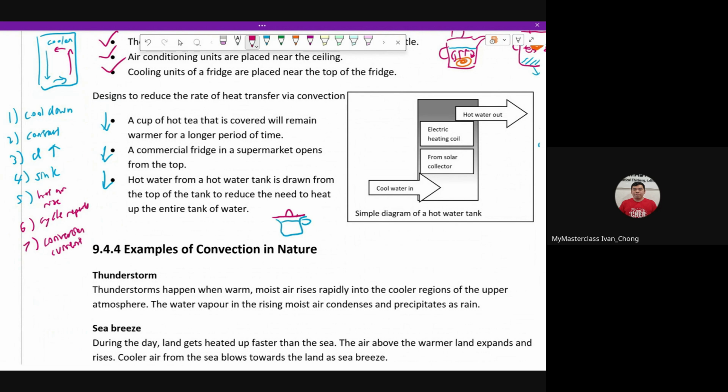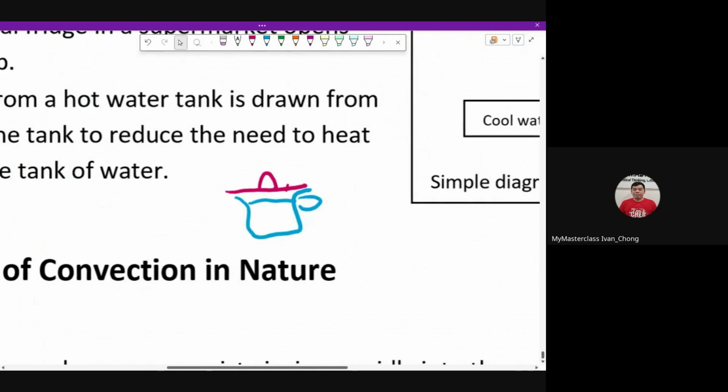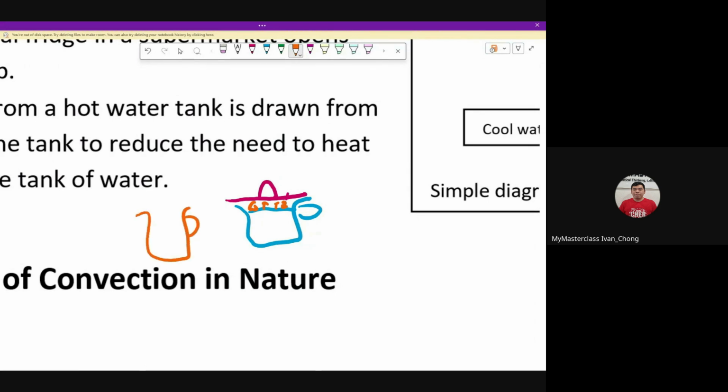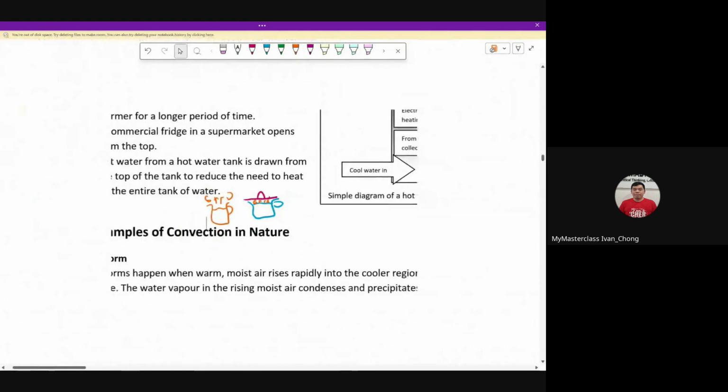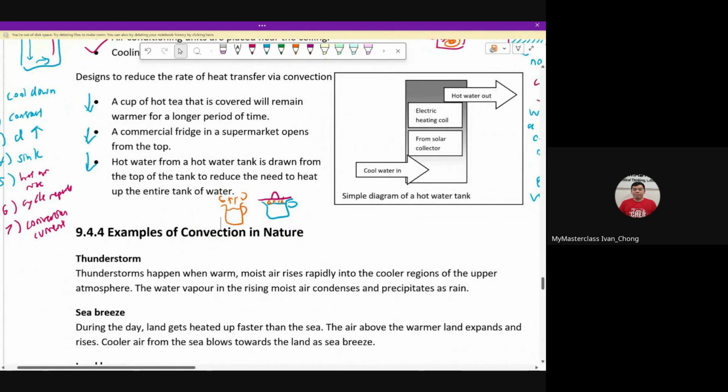So at this point, all the hot air that tries to escape, the very small convection current, is trapped at the top. So you will lose heat very slowly to your surroundings, compared to just now, where you have your cup open. All the hot air will just rise up and you will form convection currents cooling your hot water very fast. Okay, so just take note of all this.